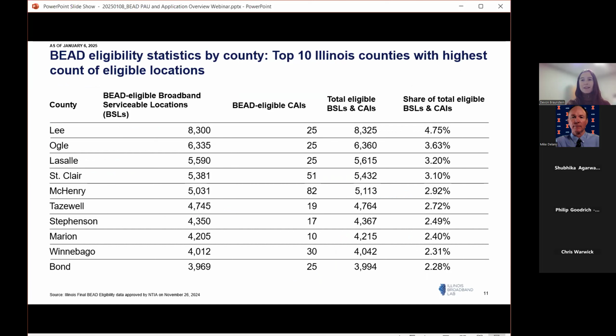And then you can see on the right-hand side the number of eligible community anchor institutions and the share of eligible locations and CAIs based on their share of the total portion of the state's eligible locations. So kind of interesting. And if you're looking to gather more information about these stats, we're happy to share that in an email.